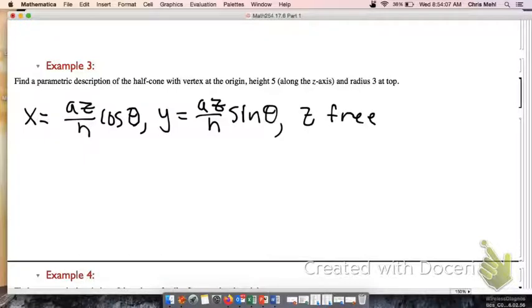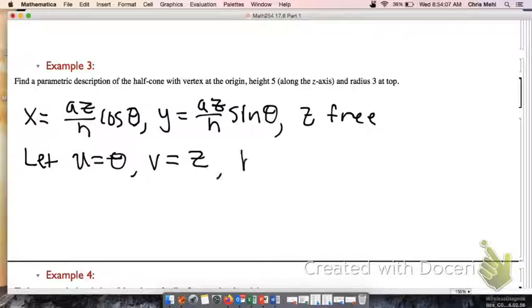Z is free to be whatever you want it to be, and that's just going to represent the height. So z just represents the height of the cone at any point on its edge. And what we're going to do here is let u equal theta and let v equal z.